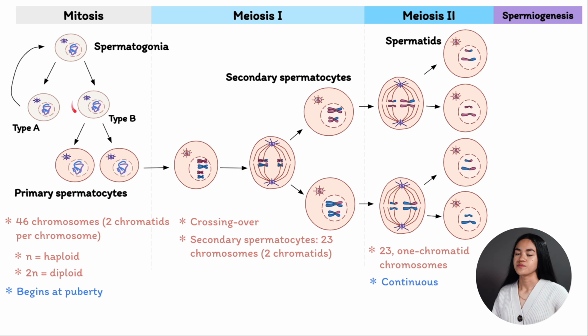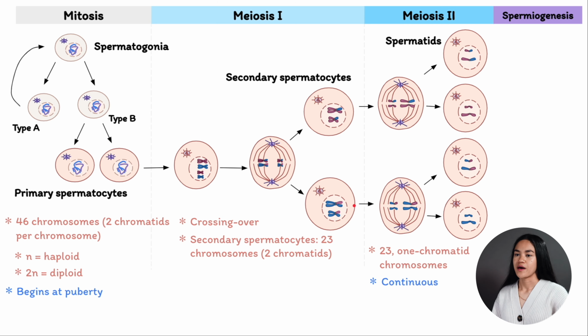And the type B spermatogonium will develop into a mature sperm. Now, each primary spermatocyte will increase in size and will undergo the first meiotic division and produce two secondary spermatocytes. And the secondary spermatocytes contain 23 two-chromatid chromosomes.